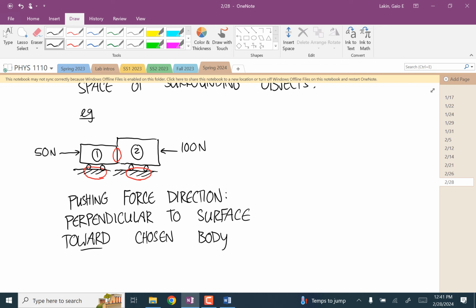Okay, so let's think about the directions that these forces would take in these two bodies.